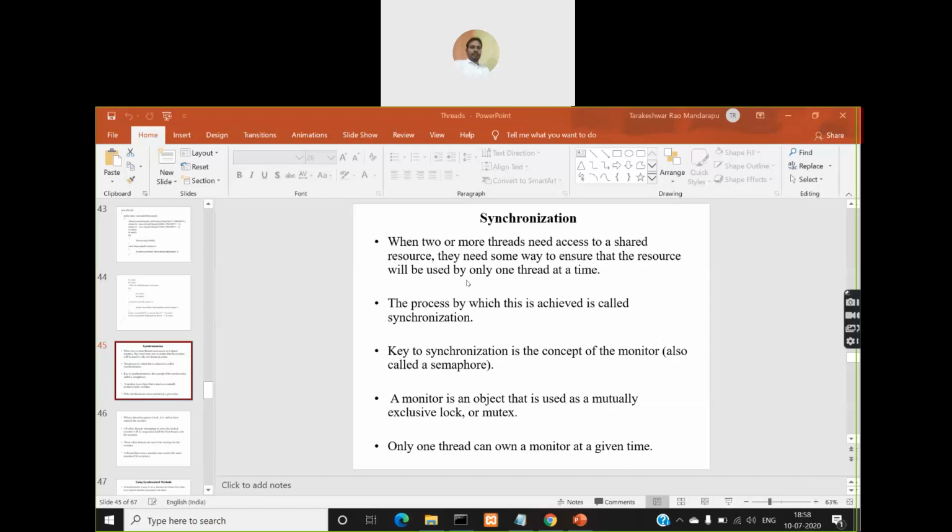It is just like during the introduction, to make you understand, I have given an example of two students or more than two students writing an exam and sharing a single resource of a pencil or a sharpener or an eraser. Because it is being shared by one person, the other person cannot use that resource at the same time, right?